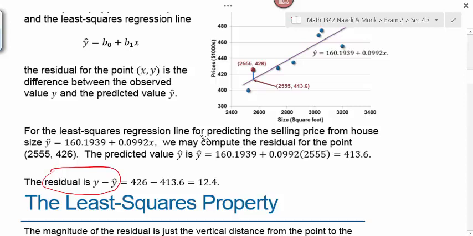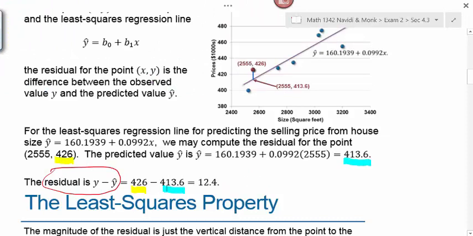For the least squares regression line for predicting the selling price from the house, and there's the equation of the line that we calculated in 4.2, we may compute the residual for that point at 2,555 square feet with a selling price of 426,000, where the predicted value we said was 413.6, by looking at the difference between the actual value, which was this value right here, minus the predicted value, which we calculated right here.